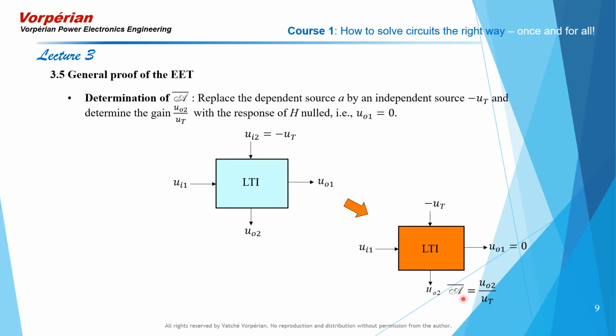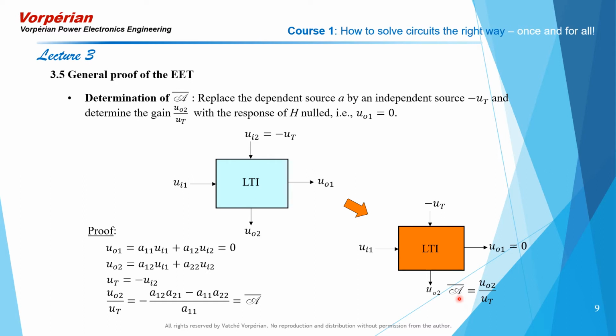Who said this is true? Well, let's prove it. Let's go into these two equations that we wrote earlier on, and let us adjust the input 2 with the independent generator minus ut. Let us adjust input 1 with respect to minus ut so that the output 1 has been nulled.